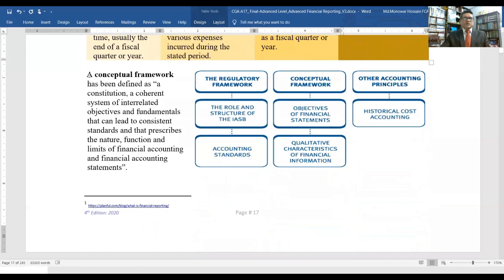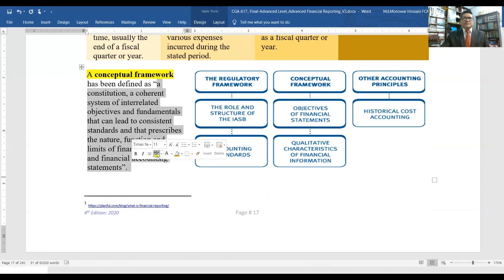Okay, so the conceptual framework has been defined as a constitution of a system of interrelated objectives and fundamentals that can lead to consistent standards, and they prescribe the nature, function, and limitation of financial accounting and financial accounting statements.